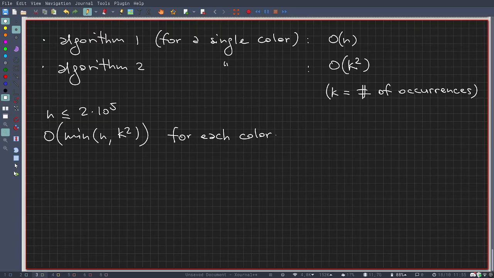Okay, let's try to plot something. Ideally, we would have an O(k) algorithm like this.